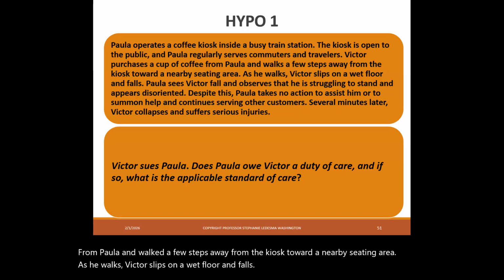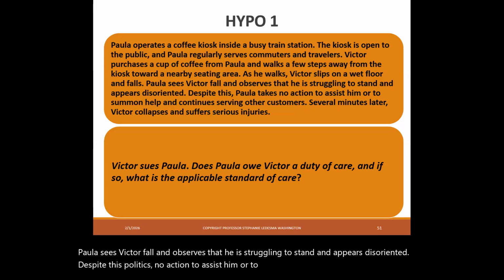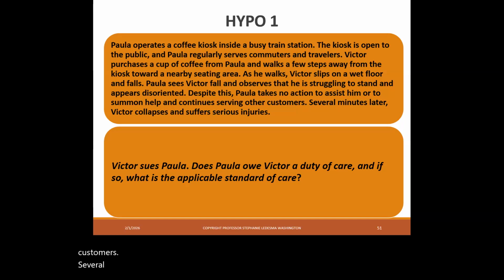Paula sees Victor fall and observes that he is struggling to stand and appears disoriented. Despite this, Paula takes no action to assist him or to summon help and continues serving other customers. Several minutes later, Victor collapses and suffers serious injuries.